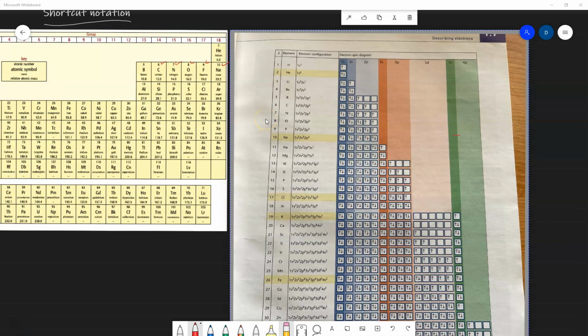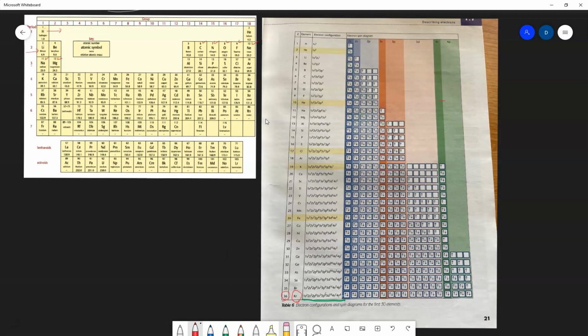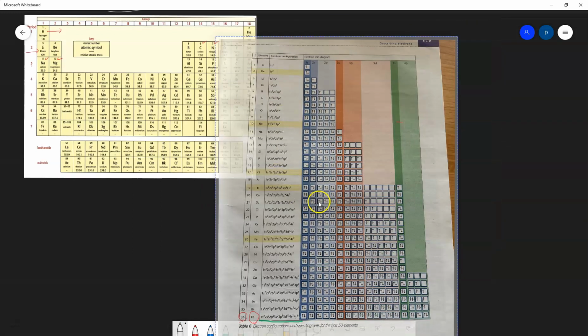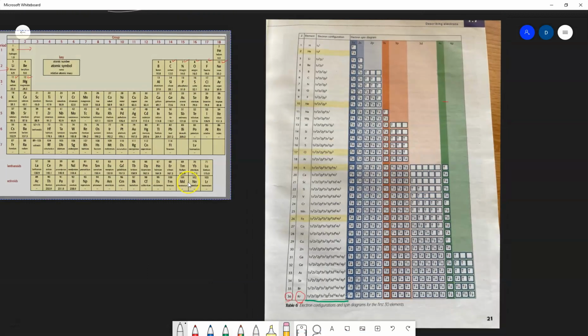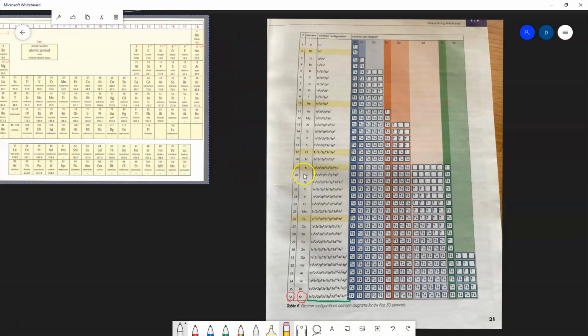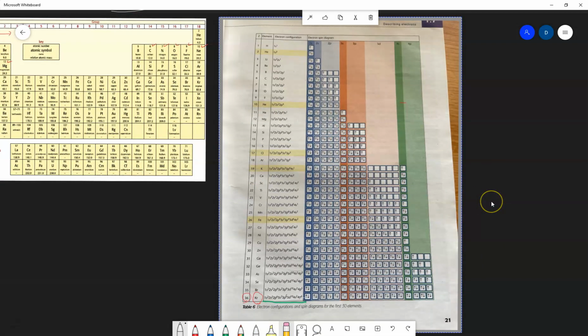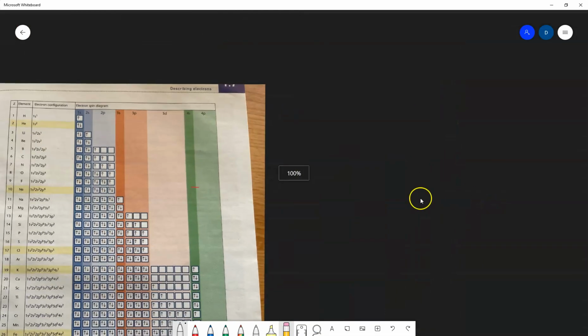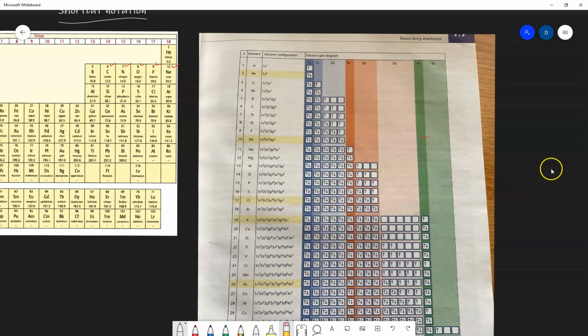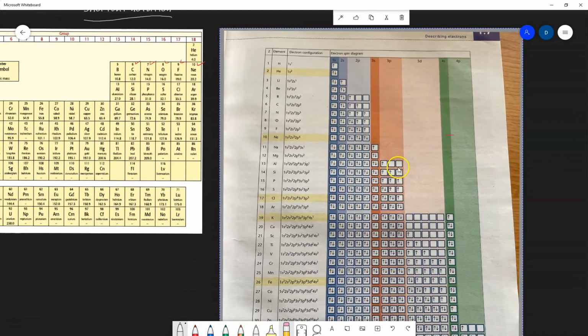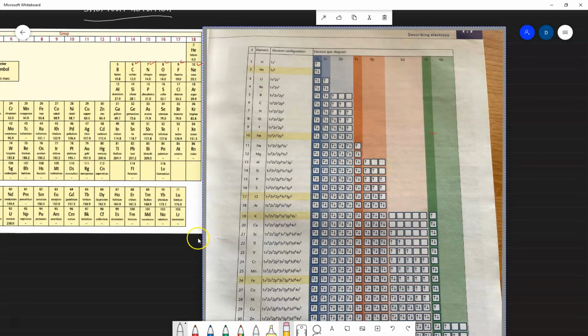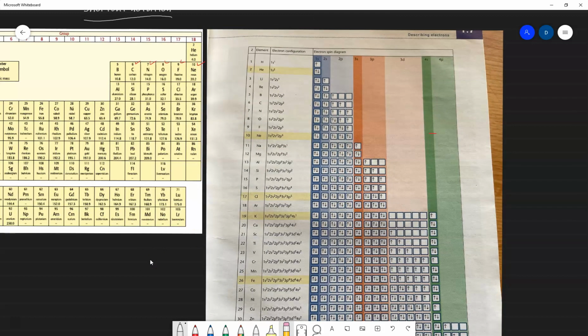So now we will try to use the shortcut notation. Look at this: hydrogen is 1s1, and helium is 1s2.